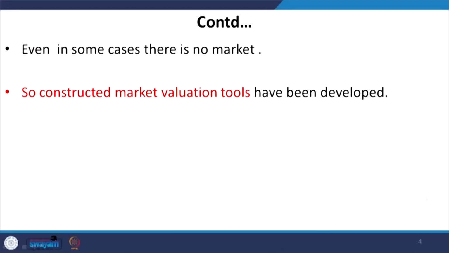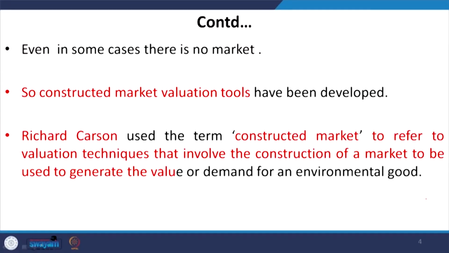Based on this scenario, where we do not have any markets and where we need to estimate the value of the non-market or the value of the environment, we are seeking a new market, which is known as the constructed market, and therefore constructed market evaluation tools have been developed. Richard Carson first of all used this term constructed market to refer to the valuation techniques that involve the construction of a market to be used to generate the value or demand for an environmental good.